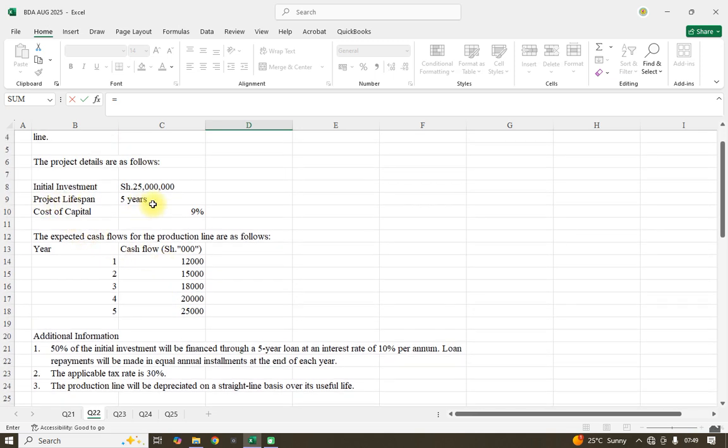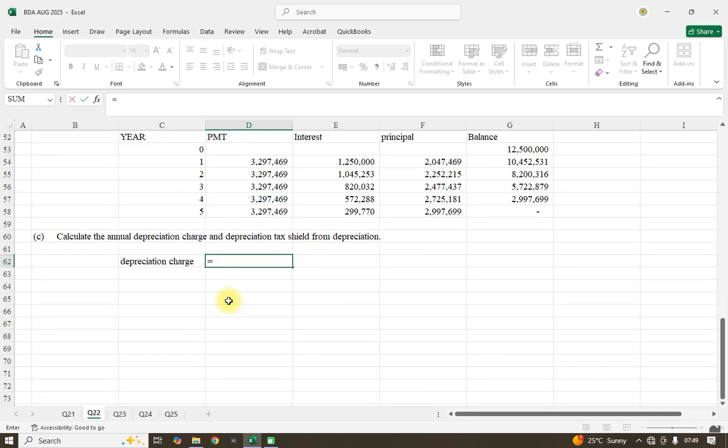Remember, the project lifespan was 5 years, and the initial investment was 25 million. This is what we shall depreciate. So it will be 25 million divided by 5 years. So each and every year we shall have a depreciation of 5 million.